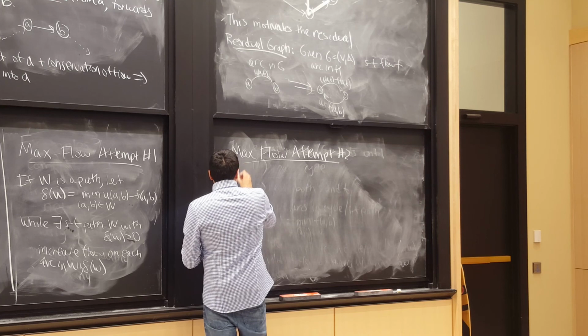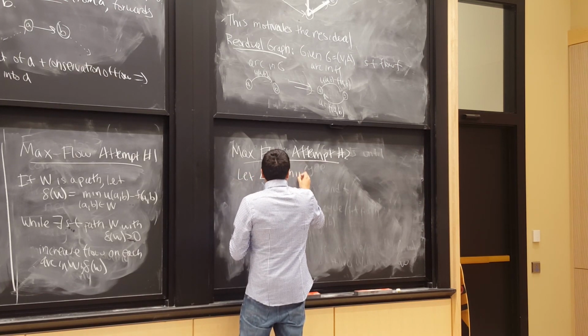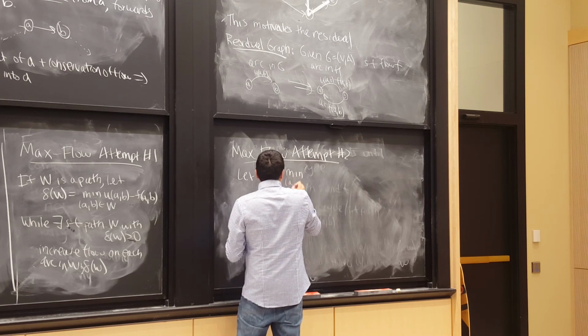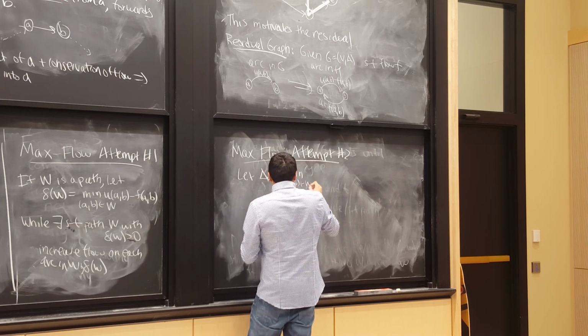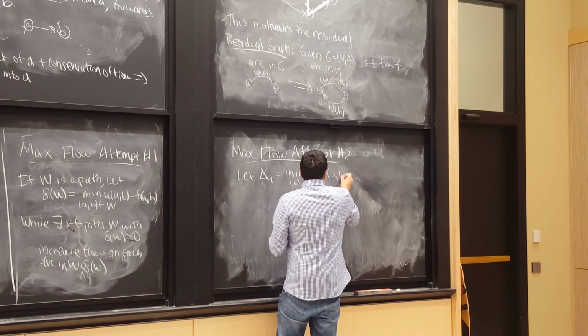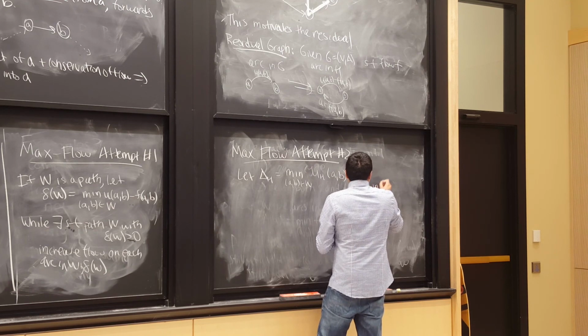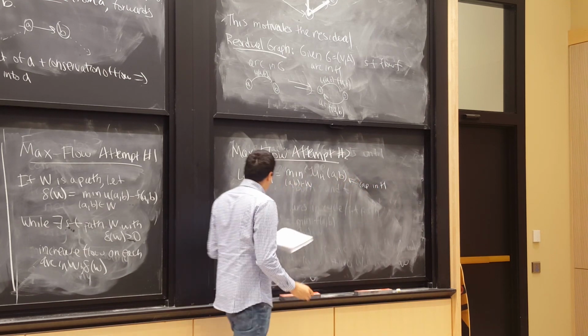So I'm going to let delta sub H now be the min on some path over all of the different arcs of the capacity of that arc, where this is now the capacity in H, in this new residual graph.